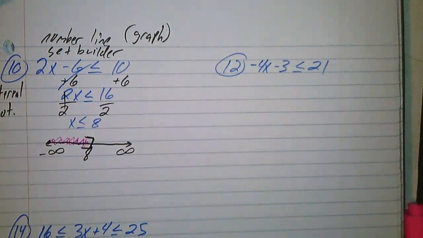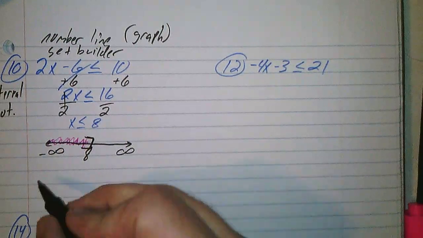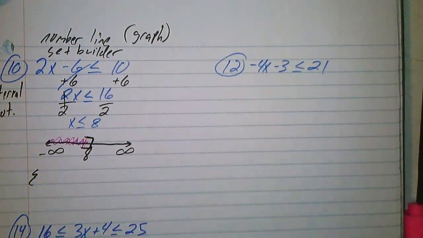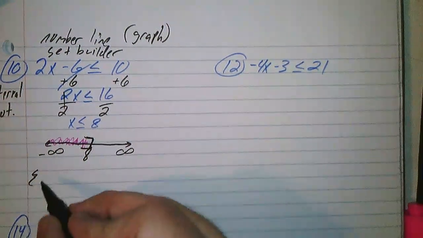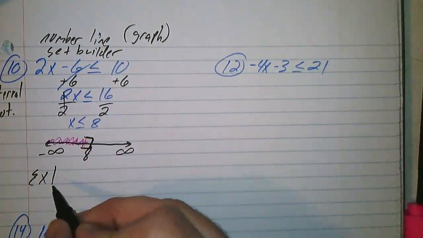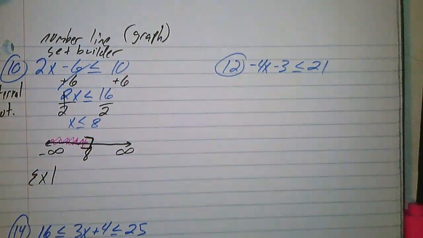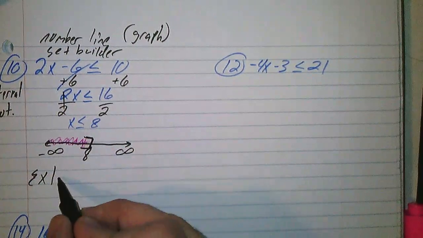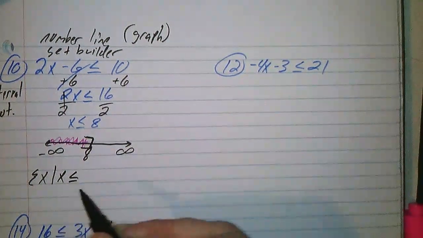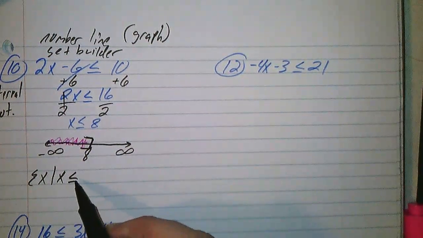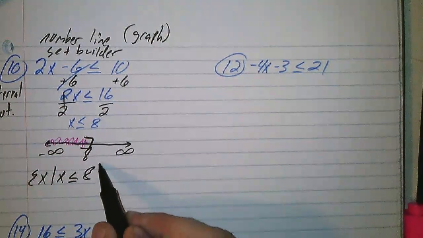Now, set builder notation. If you've done this in Alex, you know what that looks like. It's x such that, vertical bar, and then we just put in the inequality statement here. x is less than or equal to 8, and that's it.